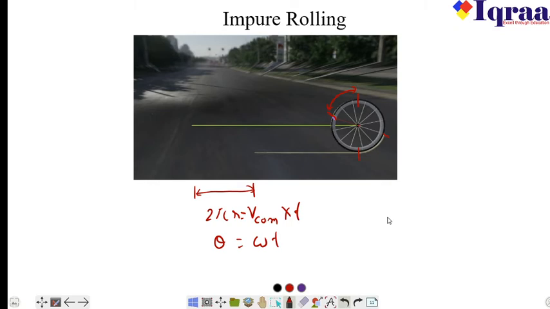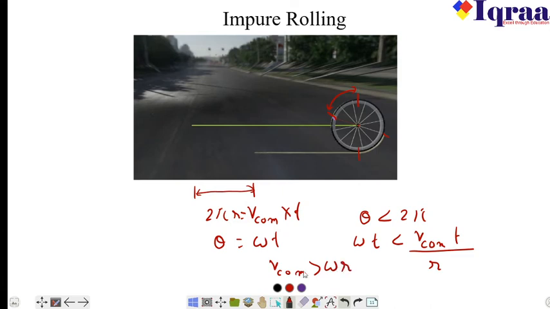Now because the wheel is not rotated by the complete 2 pi radian, this theta is actually less than 2 pi, or we can say that omega t is less than v center of mass into t divided by r, or we can say that v center of mass is greater than omega r. So in this case of impure rolling, the translation of the center of mass is greater than the rotation of the wheel.